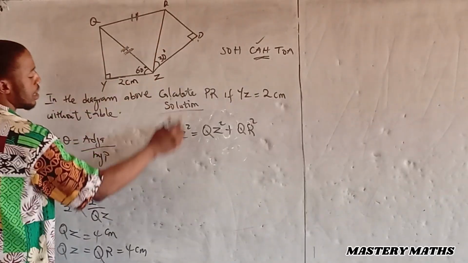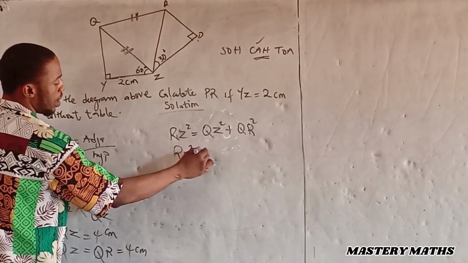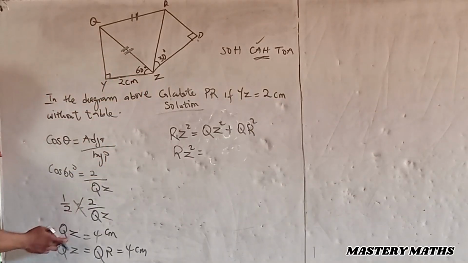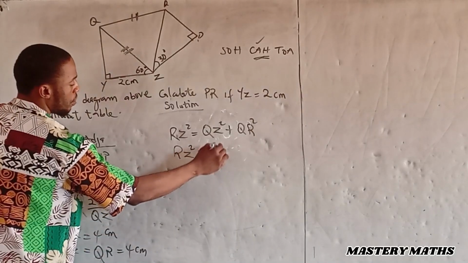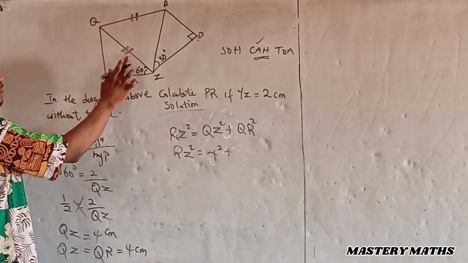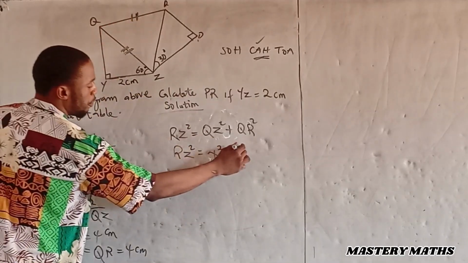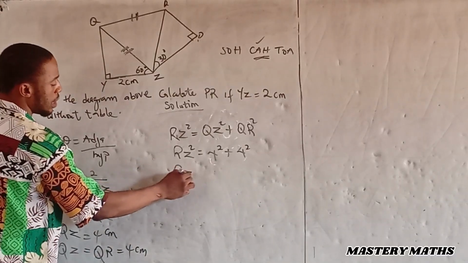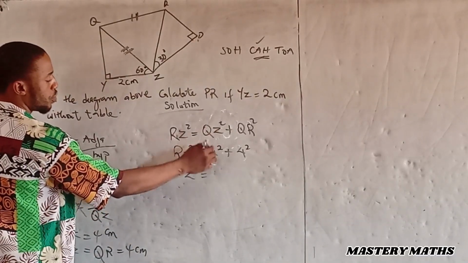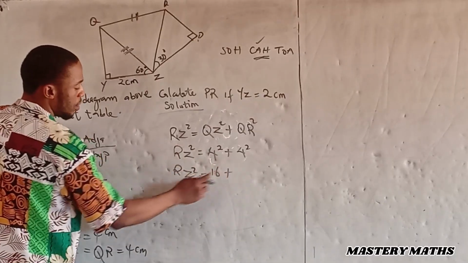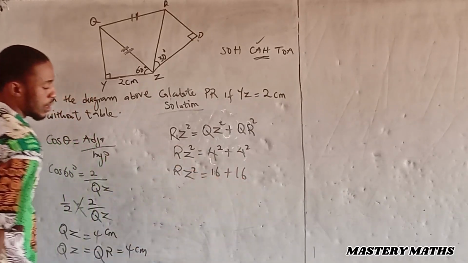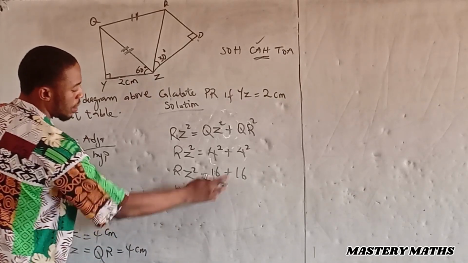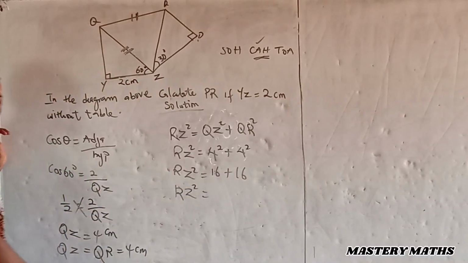Then RZ squared is equal to our QZ, which is 4. Remember, we got our QZ as 4. 4 squared plus, remember, this is parallel to this side, so we call it 4 squared. So we get RZ squared equal to 4 squared is 16, plus this 16. 16 plus 16 will give us what? 32.